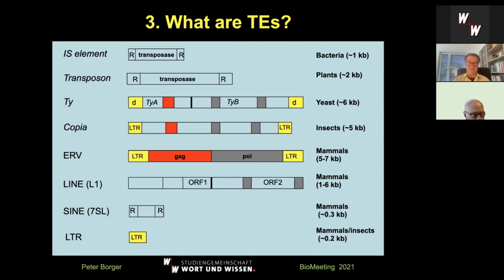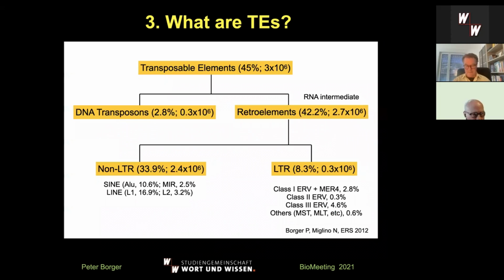Well, here we see the ERVs, the endogenous retroviruses, and the LINEs, and these are found predominantly in the genome of mammals, and they are also found in the genome of humans. And here we see what is present in the genome of the human being. About 45% of our genome contains these transposable elements.